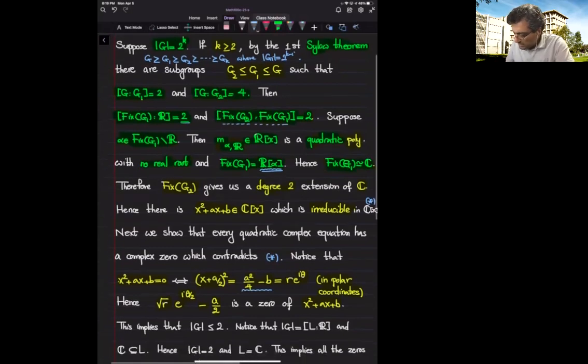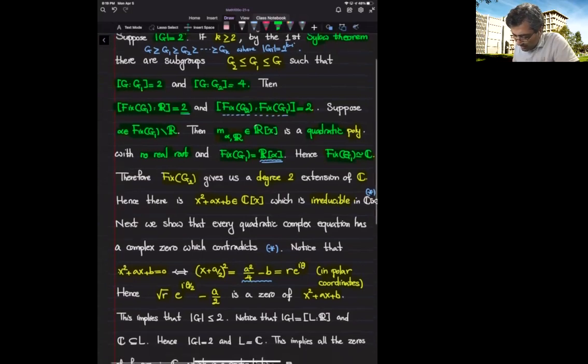So if I give you the degree 2 extension, whatever it is, the name doesn't matter, let's say beta is an element of this degree 2 extension. That means there exists beta such that when I add it to the complex numbers, I get a degree 2 extension.